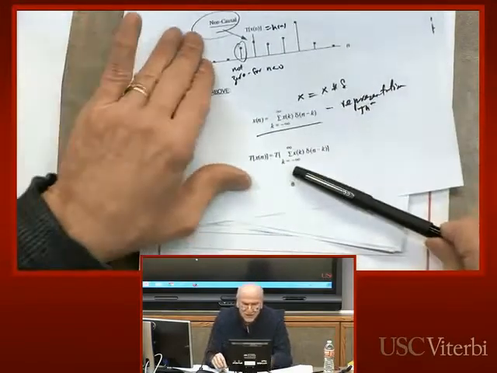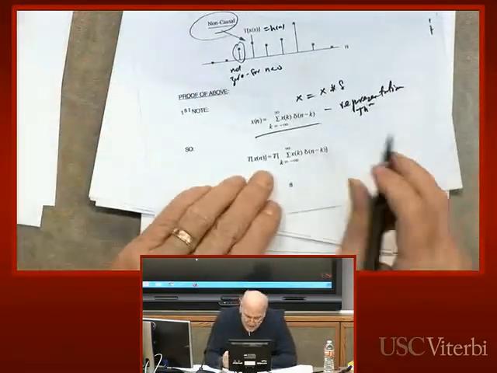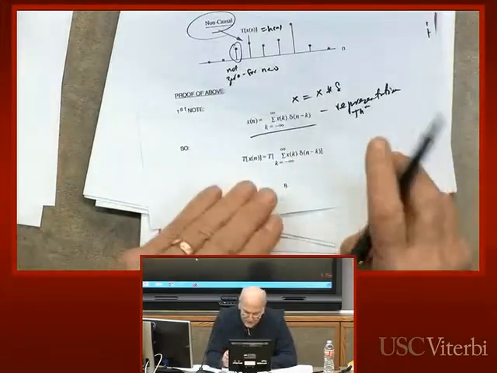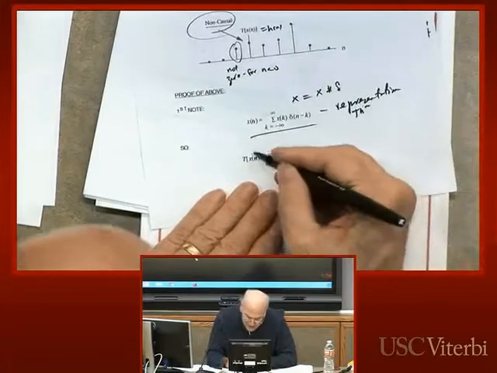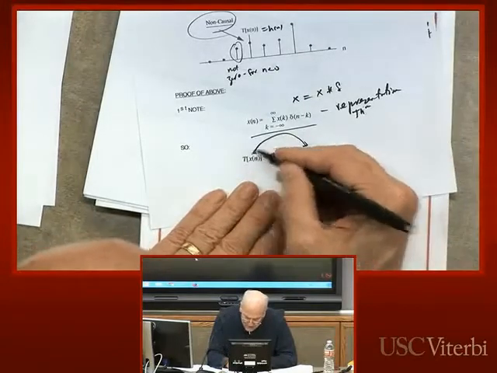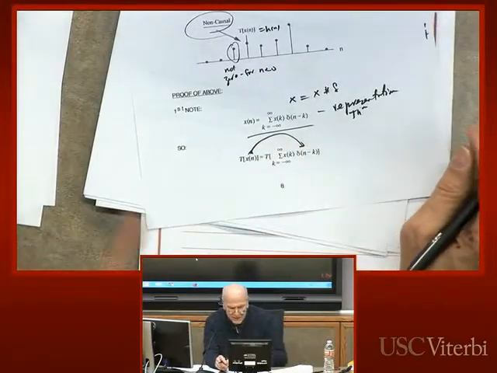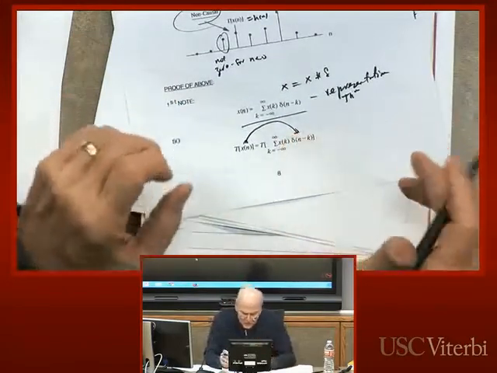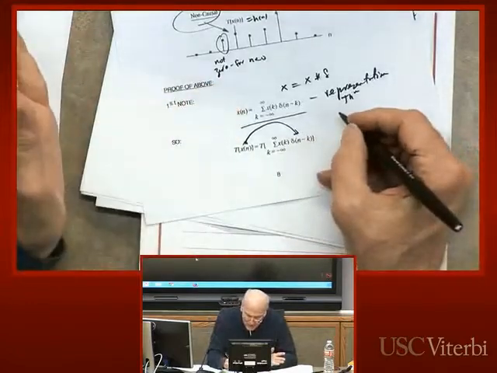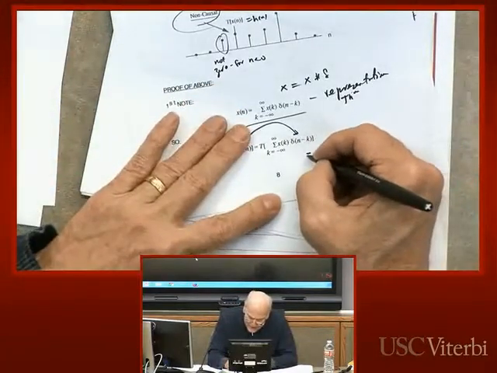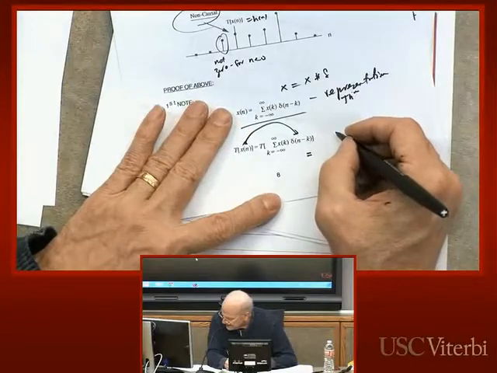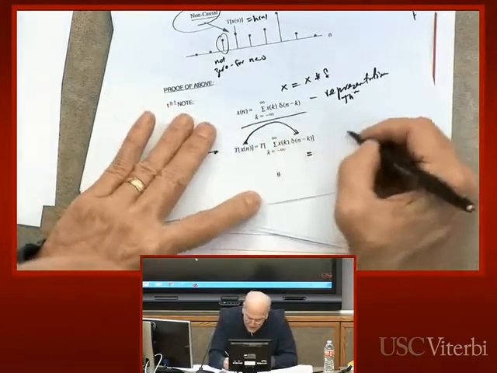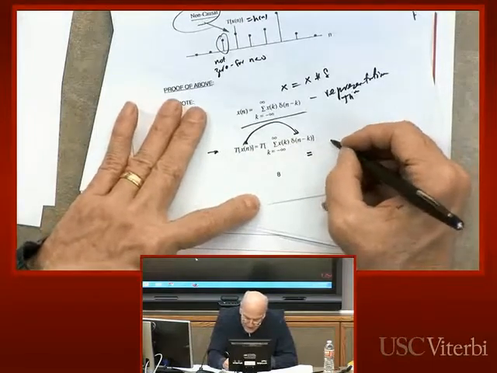Now let's look at the response of a linear shift invariant system to x of n. Again, I can write x of n like this through the representation theorem. And now check it out. Since this is a linear system, I can write this as follows.